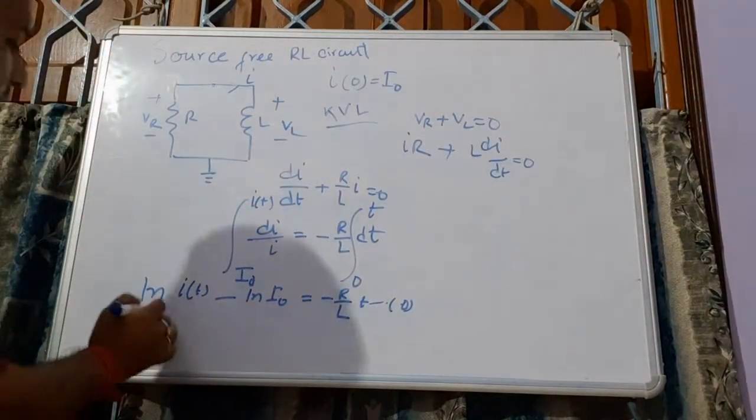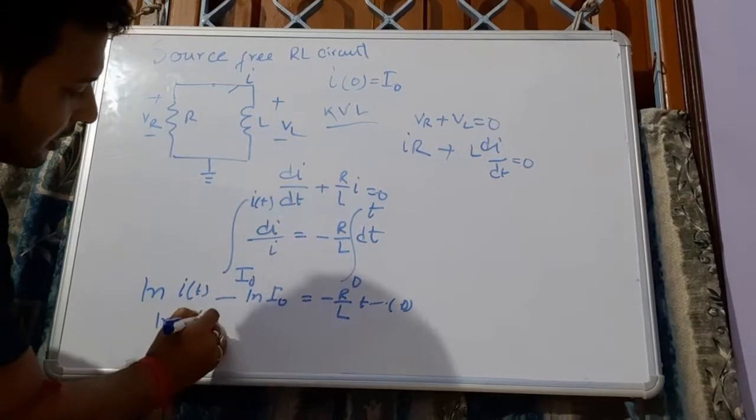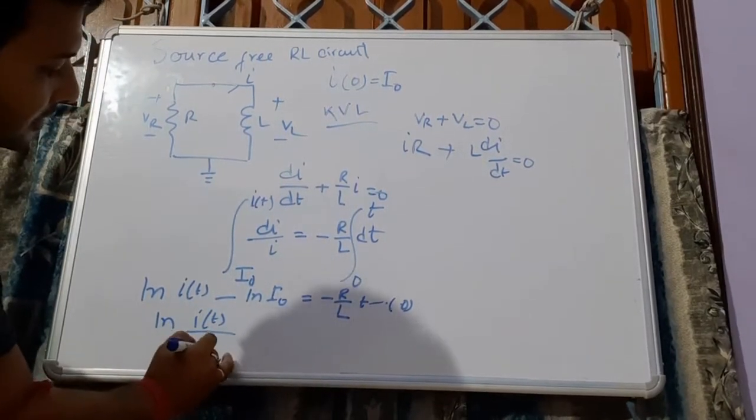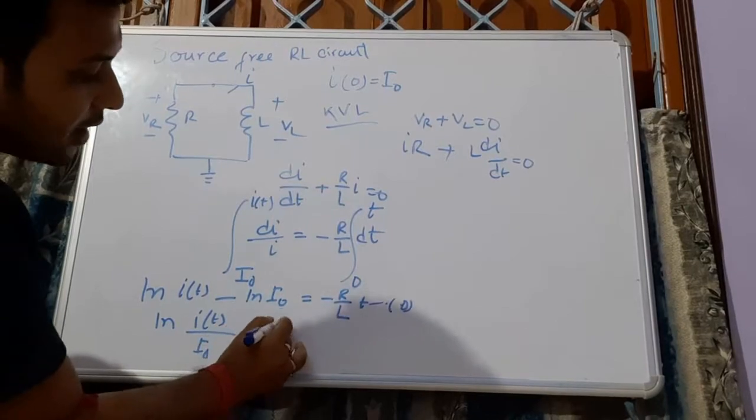So this will be ln of I t divided by I0 equals minus R by L into t.